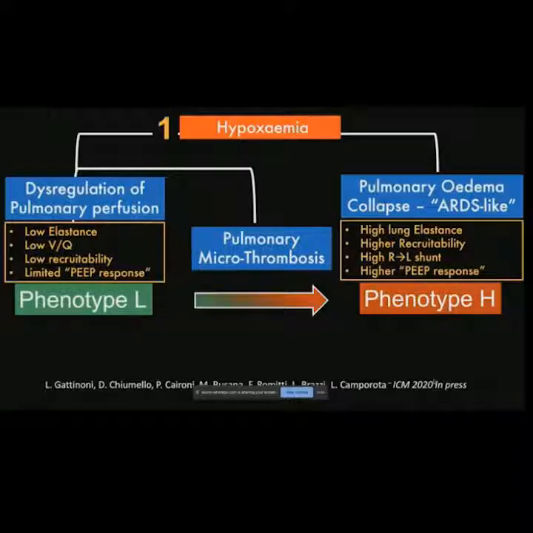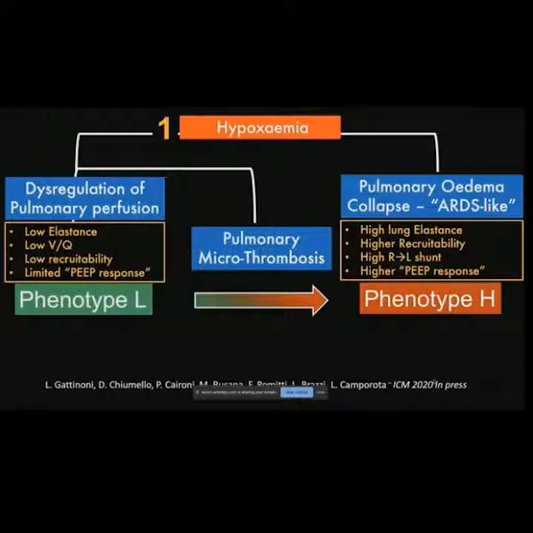But in general, phenotype L, you could think of L as low elastance, low VQ mismatch, low recruitability, and limited PEEP response. And phenotype H is essentially high lung elastance. And elastance is the amount of work that it takes to be able to recruit lung alveoli. So you could also think of it as the opposite of compliance.